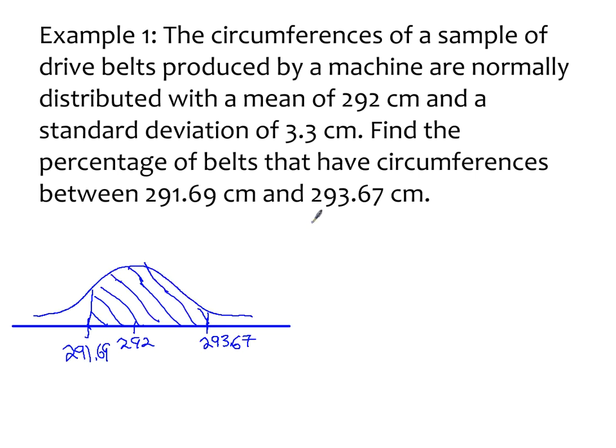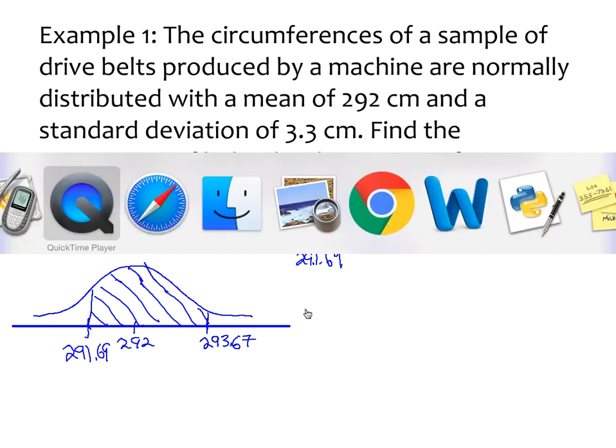Technically, we want to integrate the normal curve from 291.69 to 293.67. But we're not going to actually do that integration. The calculator can do it for us. But conceptually, this is what we're doing, we'll just say the integral of f of x dx, where f of x is the normal curve specific to this problem.